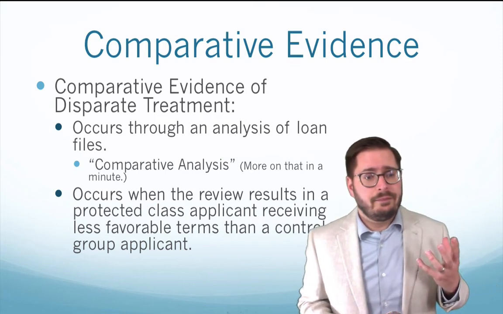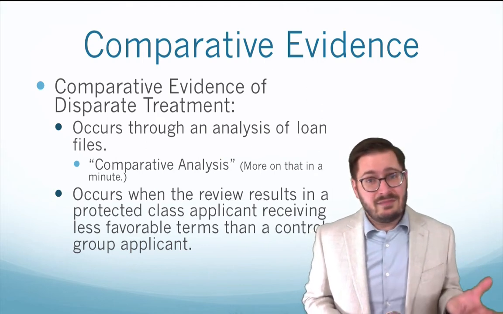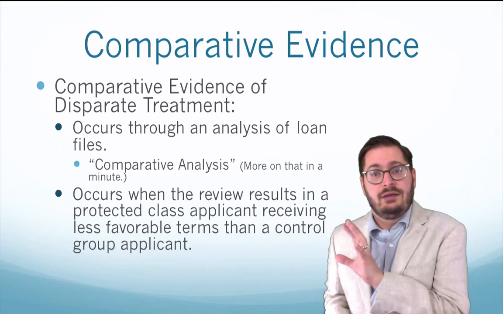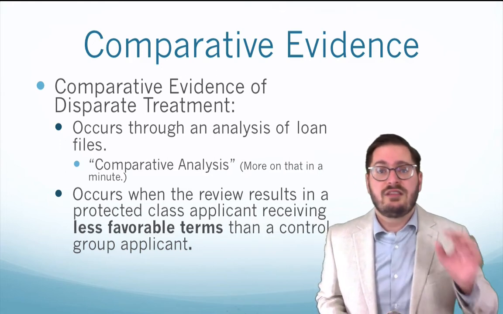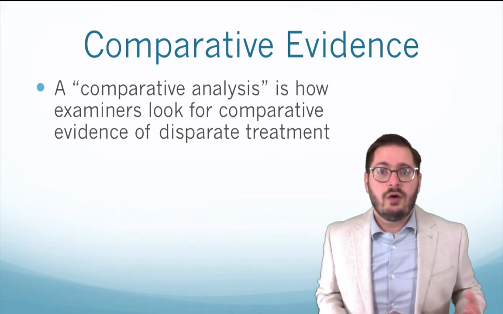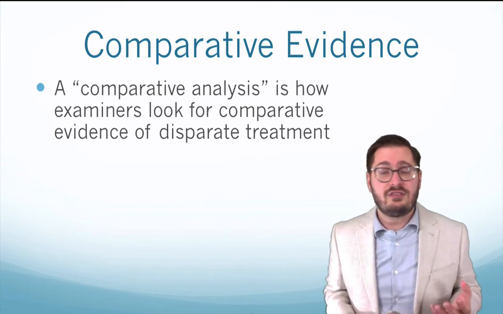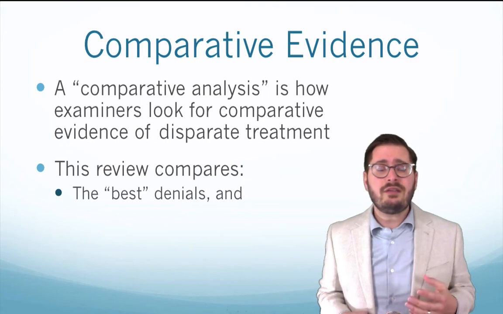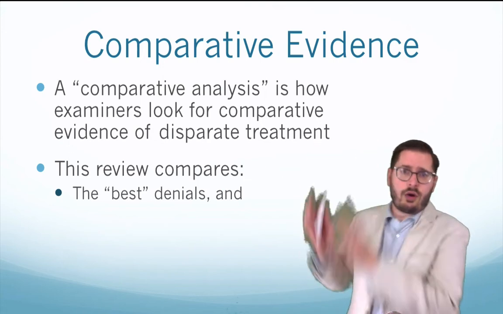One denied protected class applicant had the same credit posture as somebody who was approved that was not a protected class. That's what we're talking about here. It's the less favorable terms to the protected class. So a comparative analysis is how examiners look for comparative evidence of disparate treatment. To conduct this review, they typically stack up your denials and compare them against your approvals.